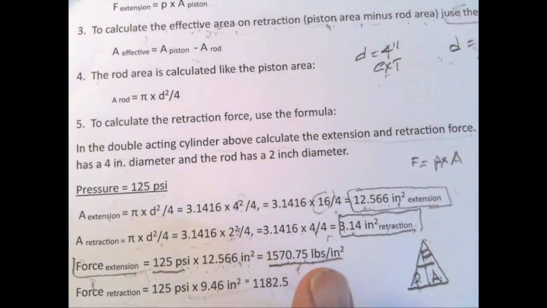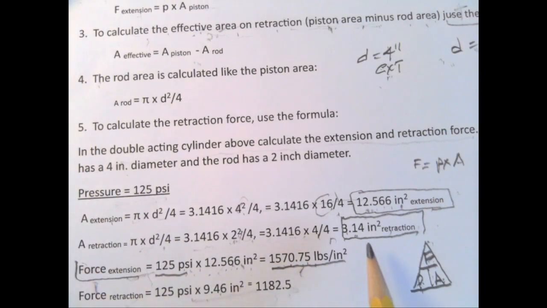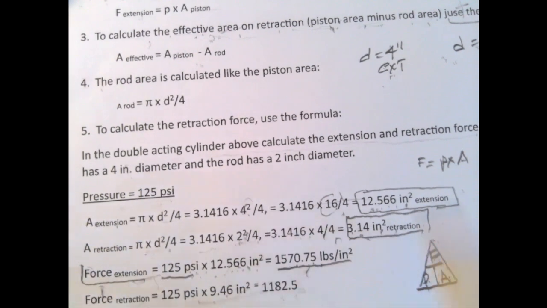So 3.1416 times 4, and that equals, that's a coincidence, 12.566 divided by 4. That equals 3.14 square inches.